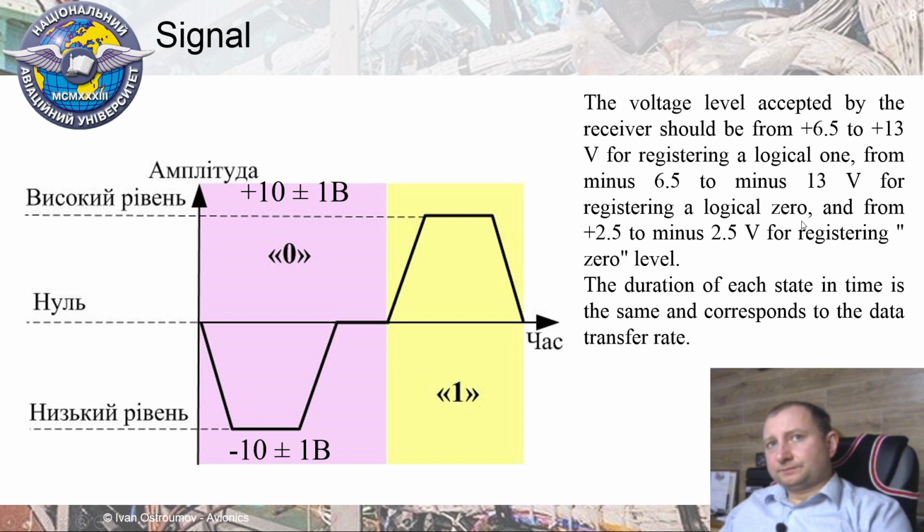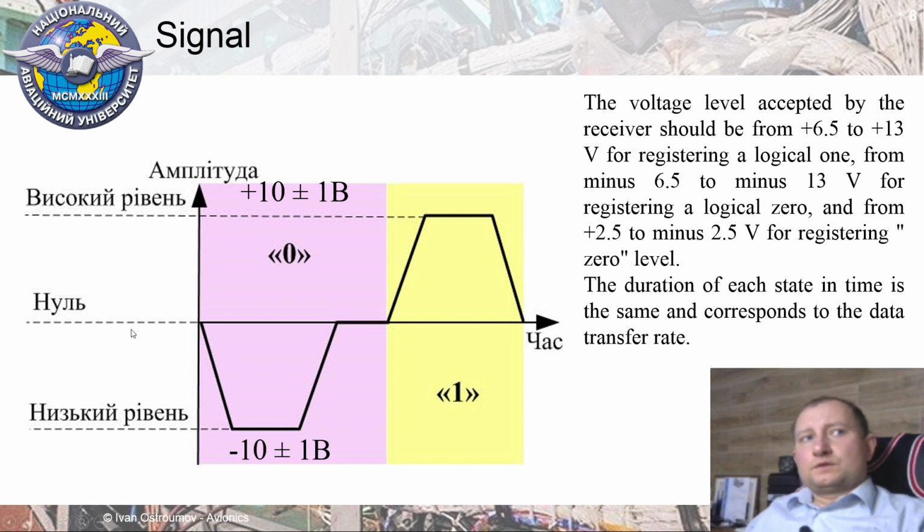In case we have a fault in data transmission, it means wires are broken or some connectors are broken. In this case, we use the 0 level. Thus, if we do not have any voltage, it means we have a broken data channel.